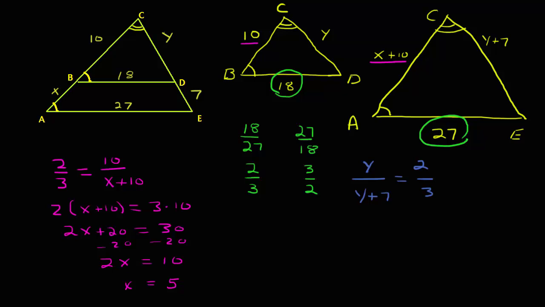Cross multiply, we get 3y is equal to 2 times y plus 7. Distribute the 2 in, we get 3y is equal to 2y plus 14. Subtract 2y from both sides, and y is equal to 14.